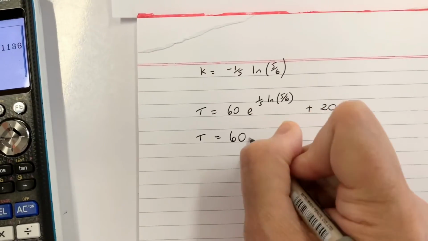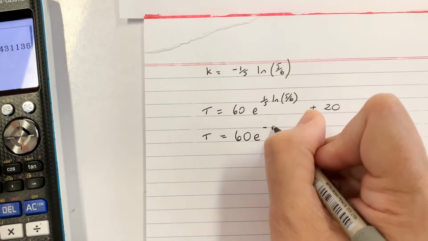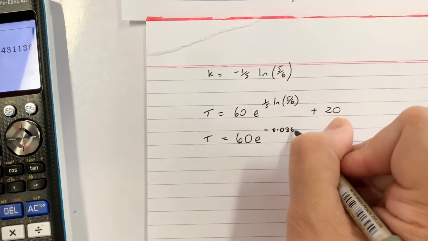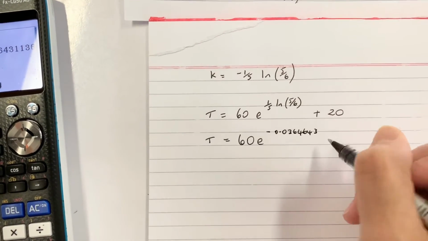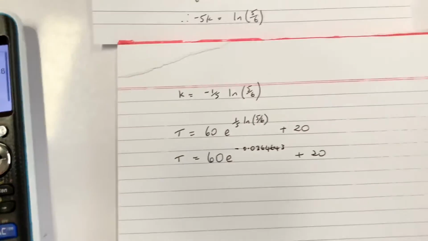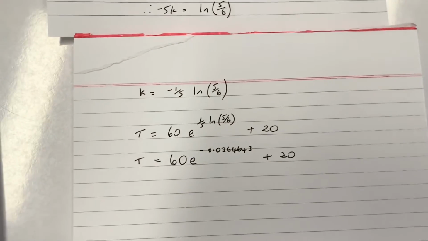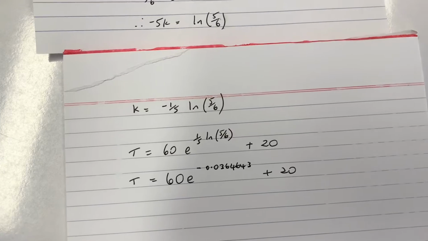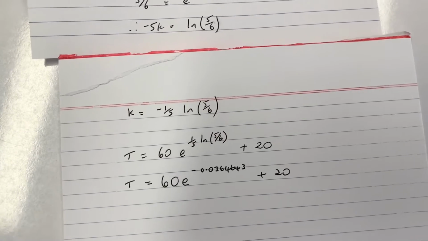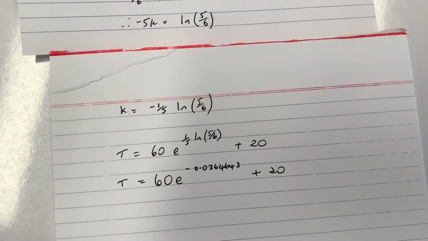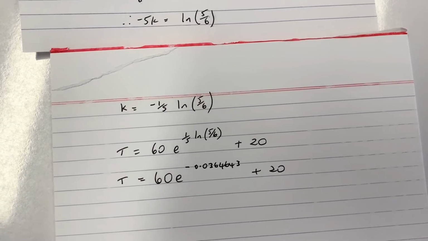T is 60 e to the negative 0.0364643 t plus 20. So note, even though it didn't look like it was negative, like we said in our original thing, k is negative because it's decreasing.